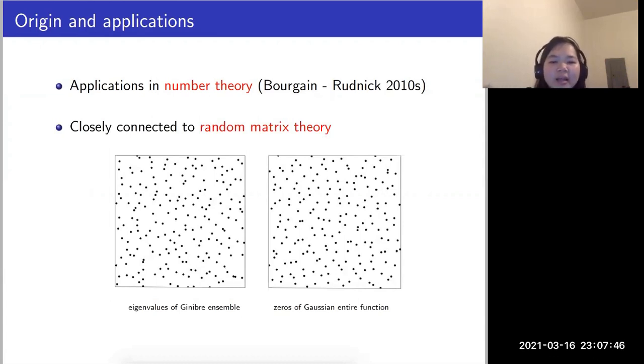In this picture, on the left-hand side are the eigenvalues of a very classical random matrix model, known as the Ginibre ensemble. And on the right-hand side, you see the zeros of a random function. This is also a very classical random function known as the Gaussian entire function.